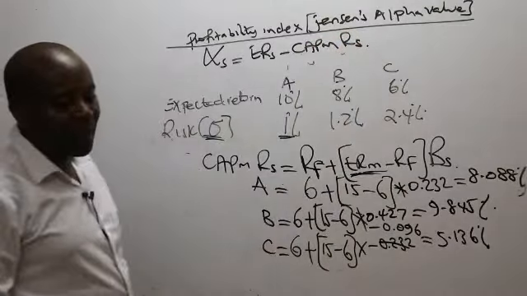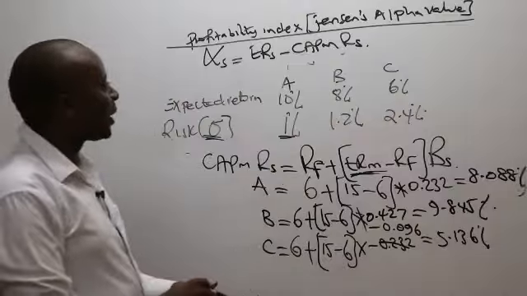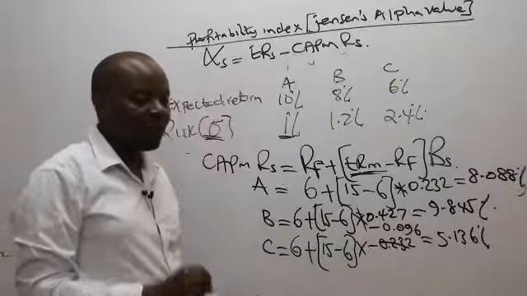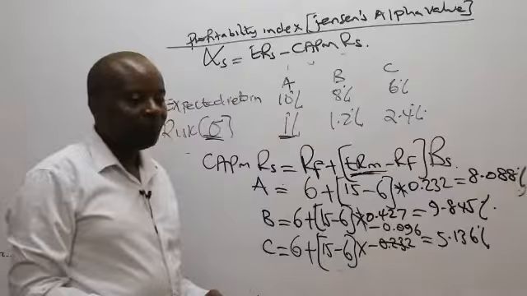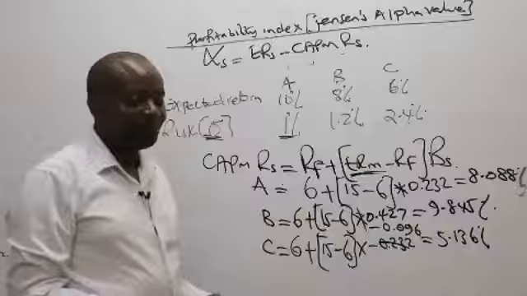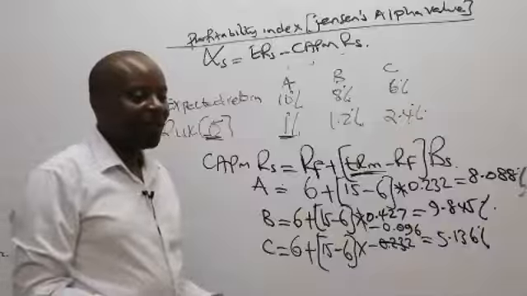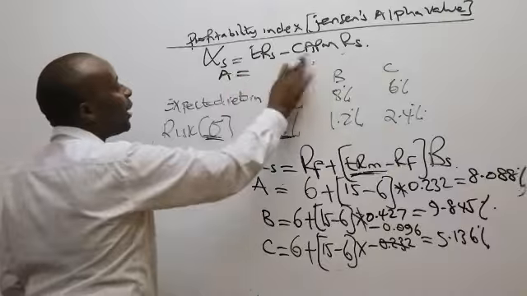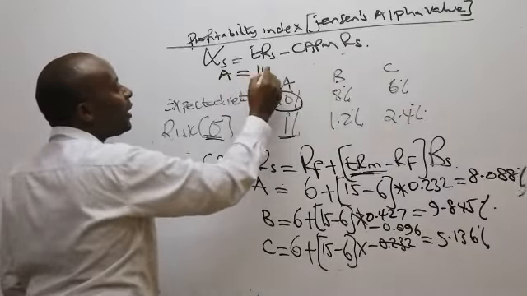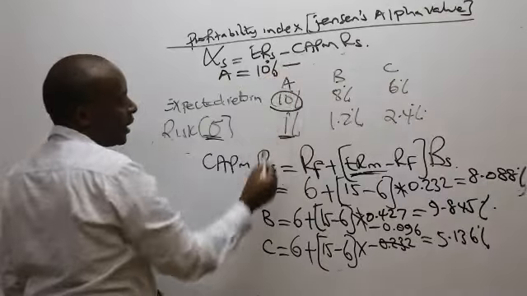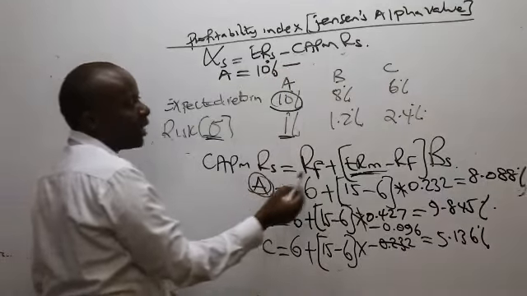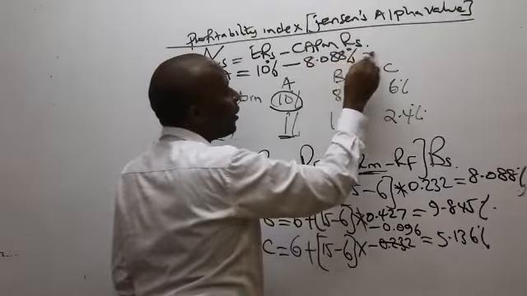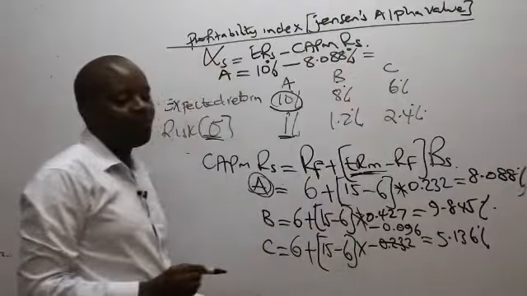So, for example, if it is A, we know the expected returns of A. These are 10% minus the CAPM returns of A, which happens to be 8.088%. Could you kindly give me that figure?